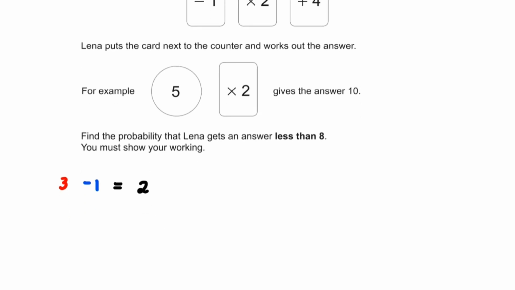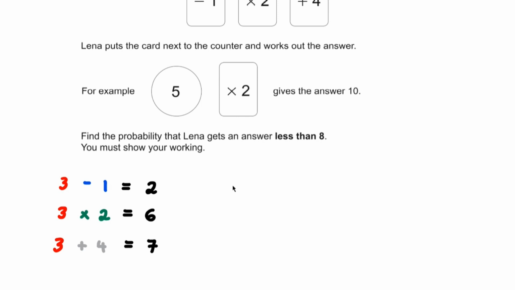Or I could take this 3 and then multiply it by 2. So if I multiply it by 2, I get 6. Or I could take this 3 and then I could add 4 to it. And that gets me 7.